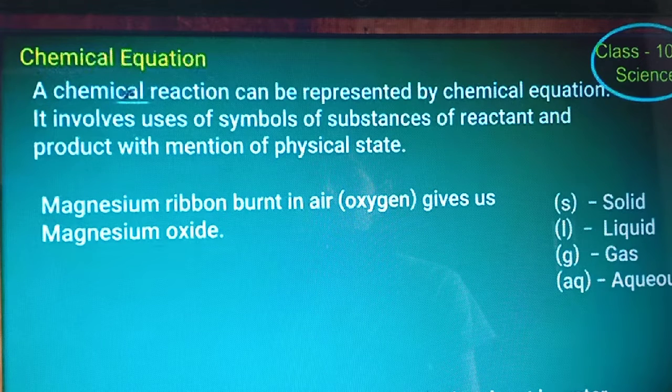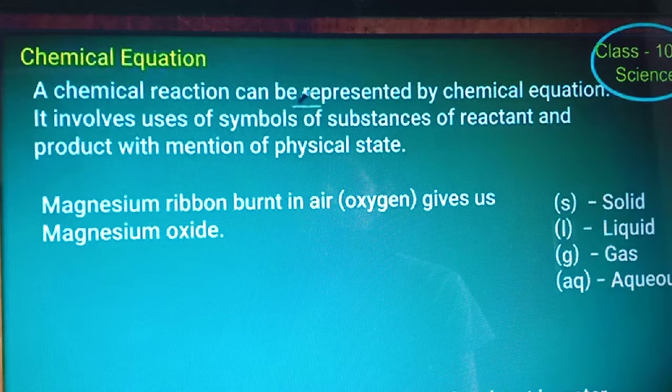Now let's see the definition of chemical equation. A chemical reaction can be represented by a chemical equation. It is nothing but a symbolic representation of the reactants and the product, with mention of their physical state. What is the meaning of physical state?